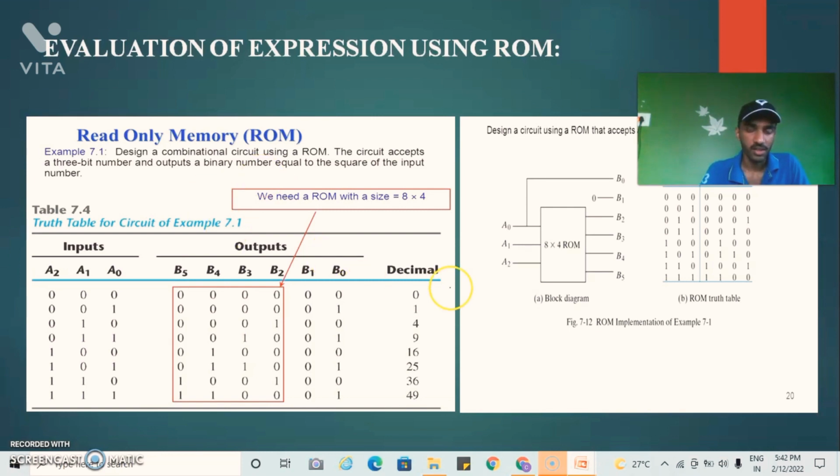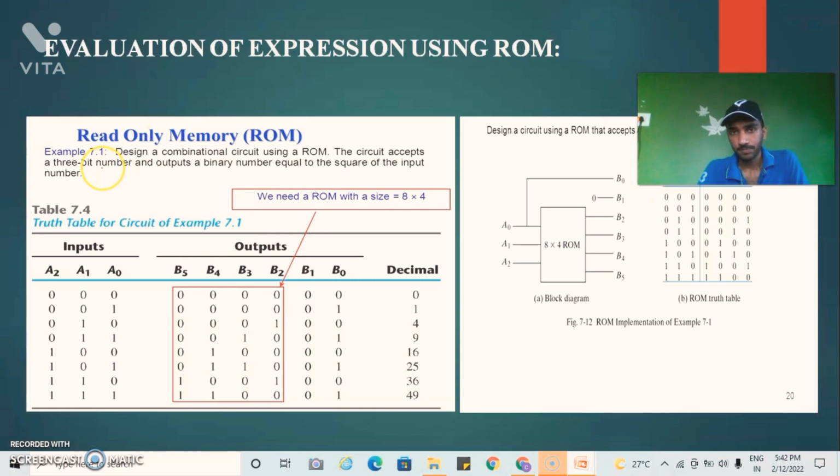I will use the first architecture, where decoders and arrays of OR gates are used. Let me consider this problem: design a combinational circuit using a ROM. The circuit accepts a 3-bit binary number and outputs a binary number equal to the square of the input number.